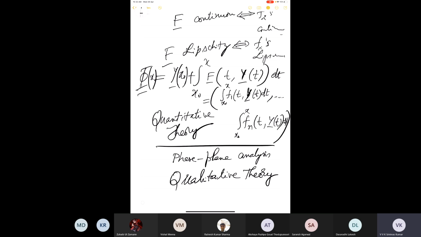Phase plane analysis and Sturm's theorems. Okay, qualitative means what?